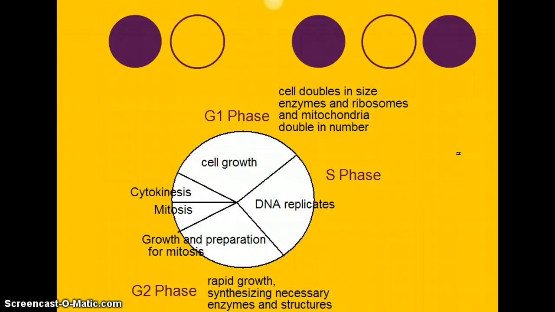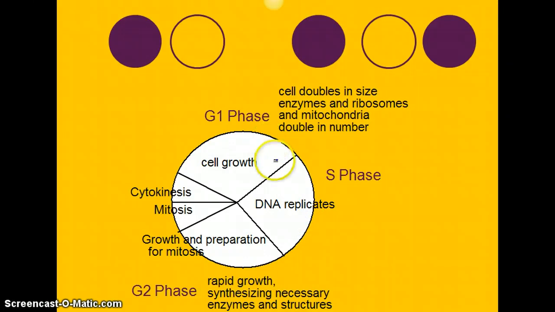This is another image of the interphase process, with mitosis and cytokinesis being a tiny section of the life cycle here. At G1, the cell doubles in size. Enzymes and ribosomes and mitochondria double in number. So this is called the growth phase, growth 1 phase, or cell growth. In the S phase, DNA will replicate, and this is important for making a new cell.